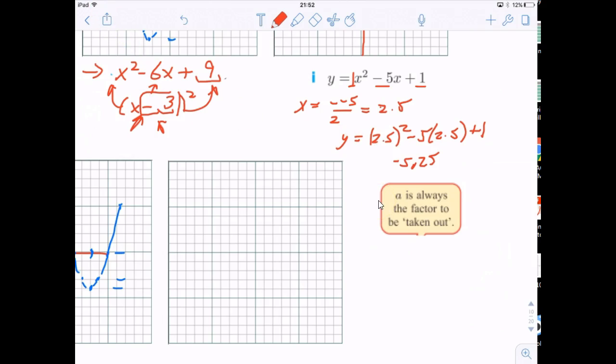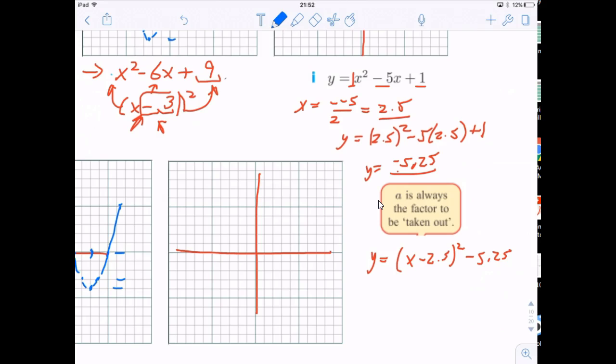And now if we want to write that in vertex form, we're going to put x minus 2.5, because the vertex is positive 2.5, and then squared, and then minus 5.25. So the x-coordinate is going to be positive 2.5, and the y-coordinate is going to be negative 5.25.